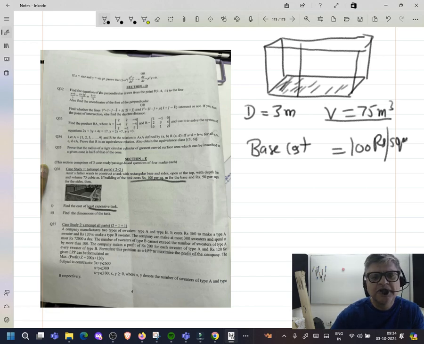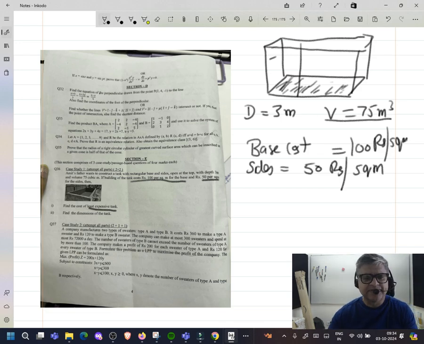So you buy the sheet in square meters. And the sides are cheaper, so maybe inferior quality material. This is 50 rupees per square meter. Fair enough.